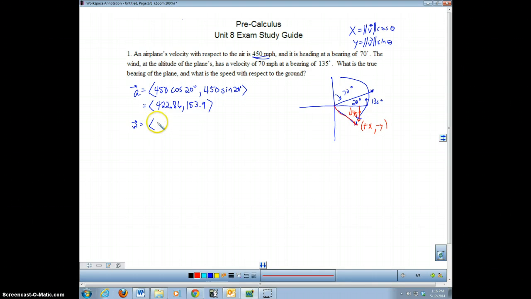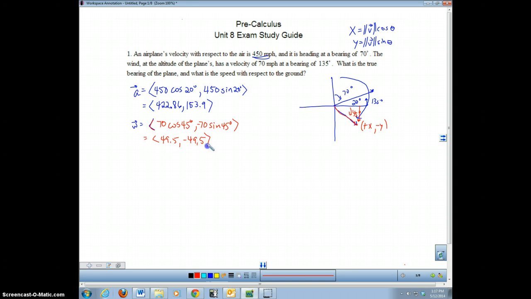So we're going to have 70 times the cosine of 45 degrees and negative 70 times the sine of 45 degrees. And again, the reason it's negative here is because we have a negative y value. It's going down. Okay, so we're going to calculate those, and we're going to get 49.5 and negative 49.5.